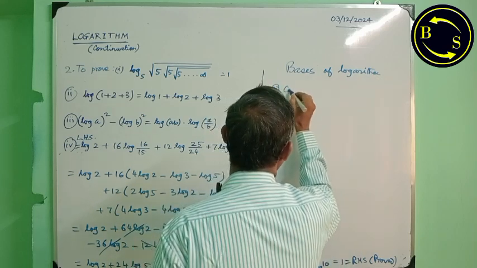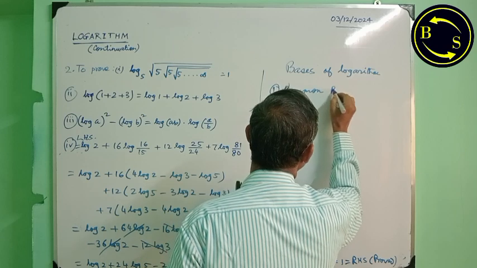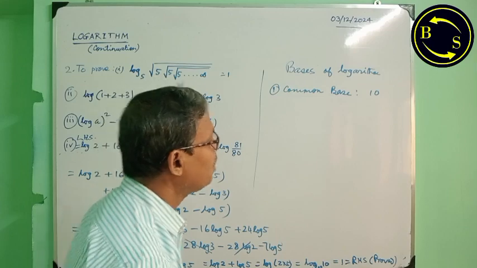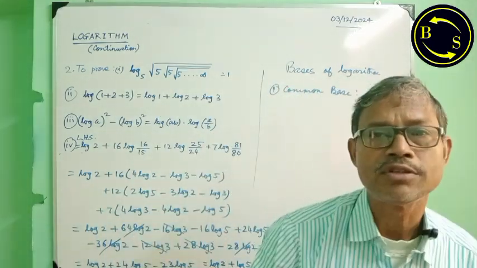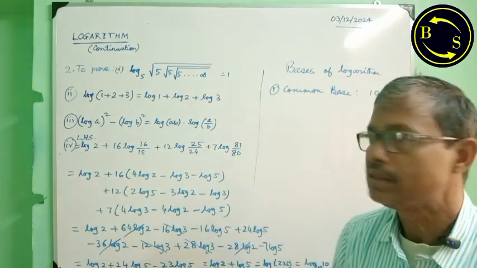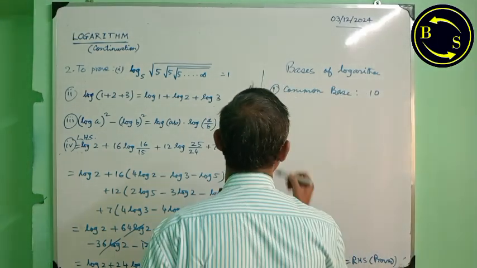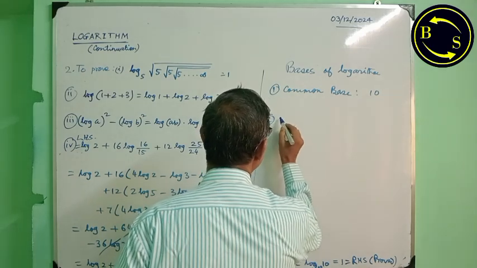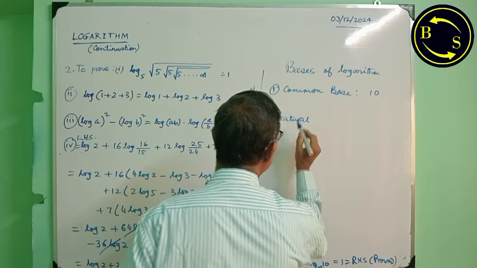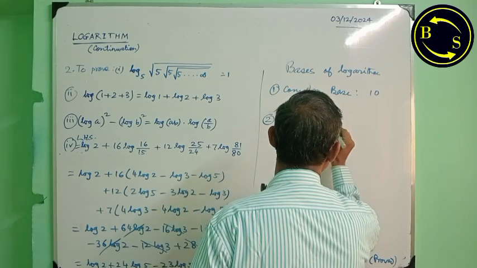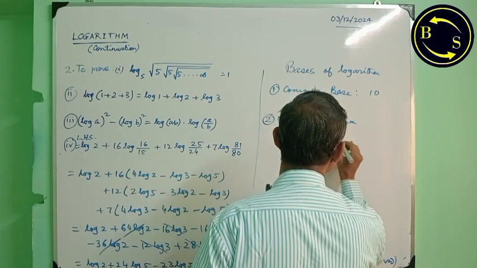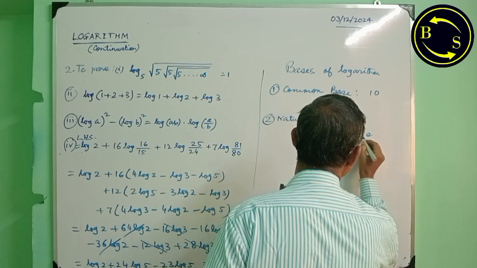First of all, common base, which is 10. Generally in case of algebra, if the base is not mentioned, the base of the concerned logarithm will be 10. Then there we have natural logarithm, in that case the base is e.